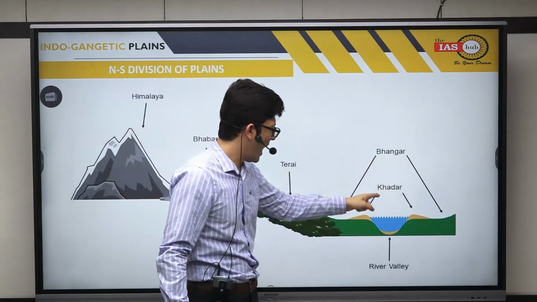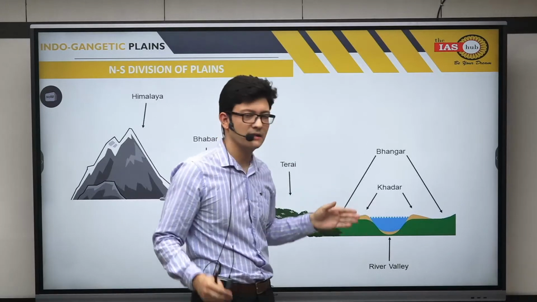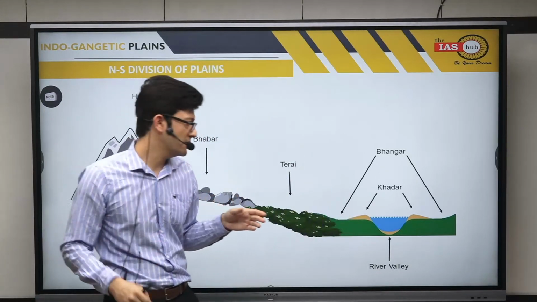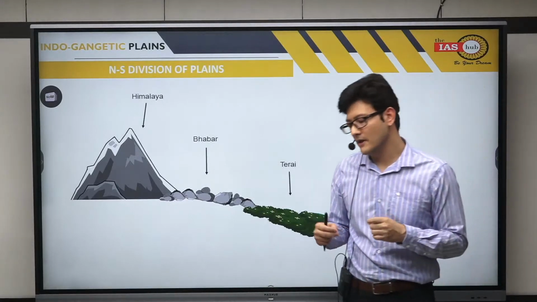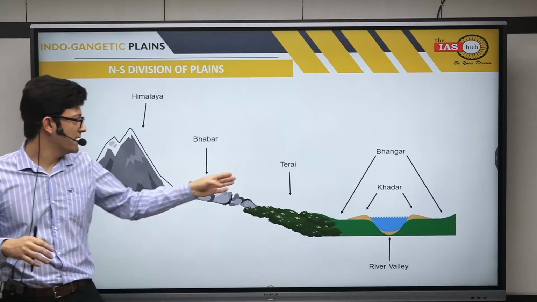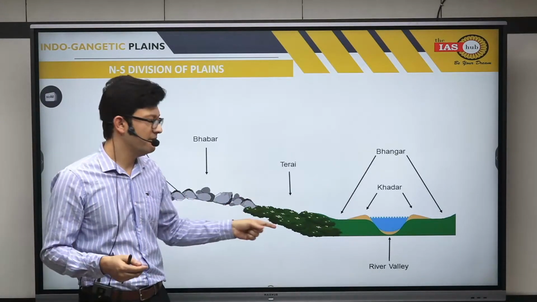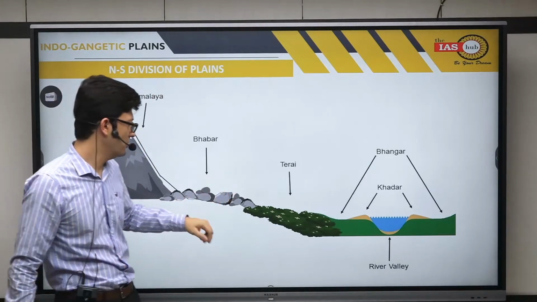Then the Khadar would be the nearest part, the newer alluvium, along the banks of the river. So you have to remember, Khadar is the newer alluvium which lies closest to the river flow, and Bhangar is the older alluvium which lies away from the river flow.